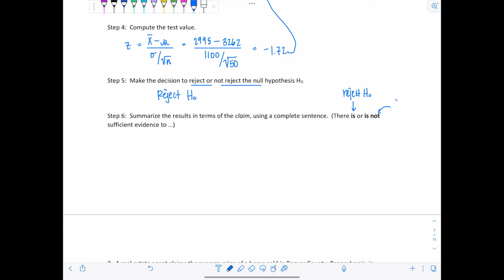If you fail to reject H naught, then you say there is not. So in this case, there is sufficient evidence to, and then I'm going to say support the claim.